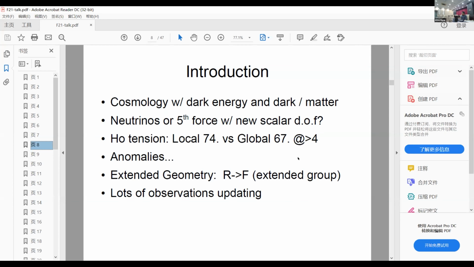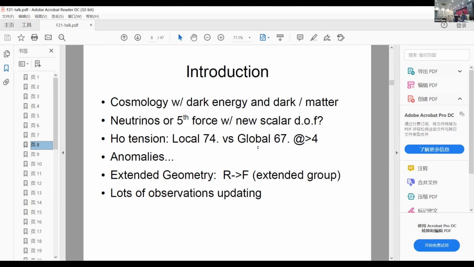Another group is from the SH0ES group in Berkeley and Johns Hopkins. For the same fundamental parameter in cosmology, the Hubble constant, they got two different values. One is a little bit bigger, around 74, another around 67. Compared with the standard model in particle physics, this is a sharp tension. The deviation reached about 4.7 sigma.